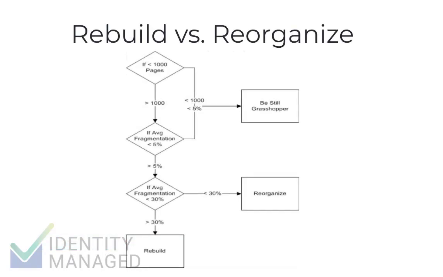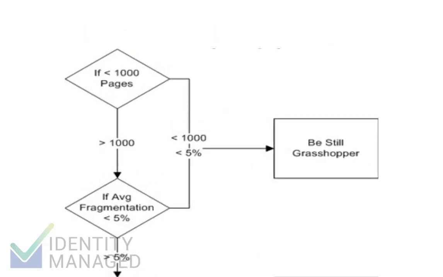Okay, now it's time to talk about maintaining our indexes. This is a flowchart based on data provided from the Microsoft SQL Server product team. If we have an index with less than 1,000 pages, so less than 8 megabytes in size, then don't bother to do any maintenance.